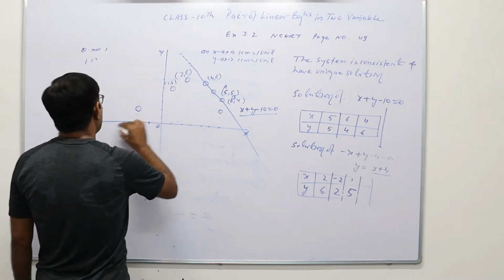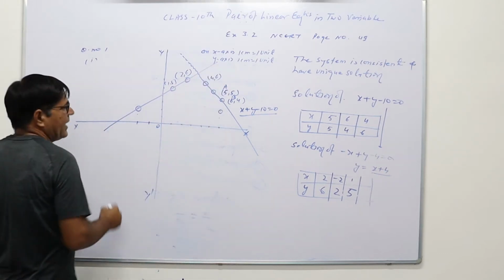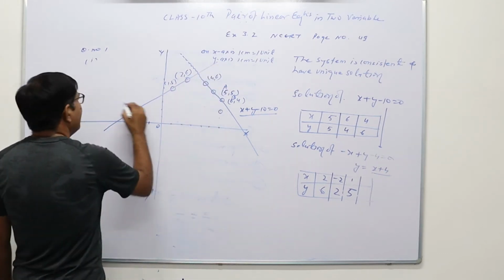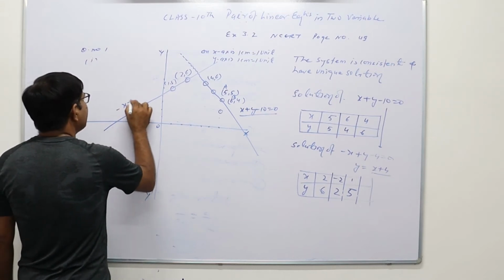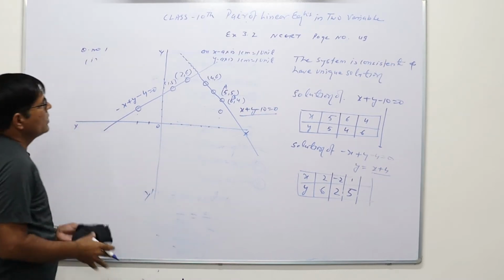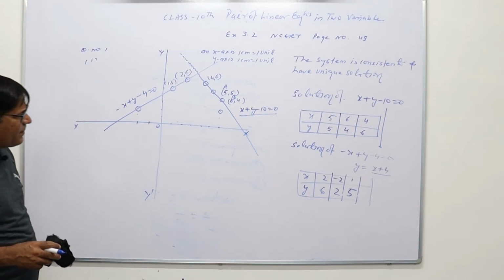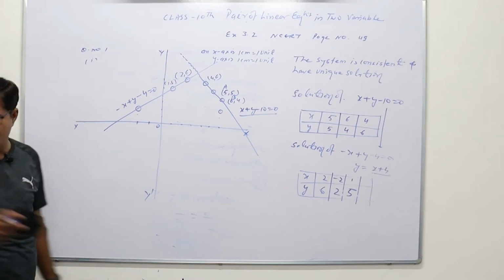So if we join these points freehand, then we will get the line representing -x + y - 4 = 0. So this is the graphical representation of the second equation, -x + y - 4 = 0.